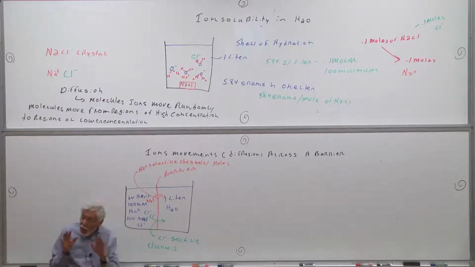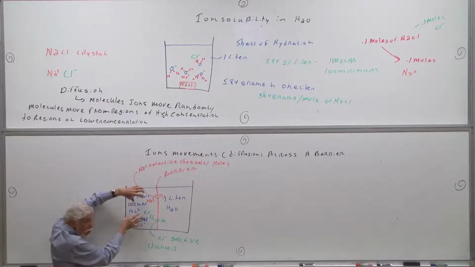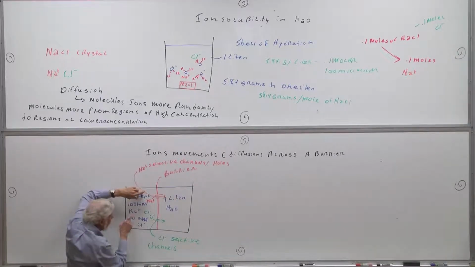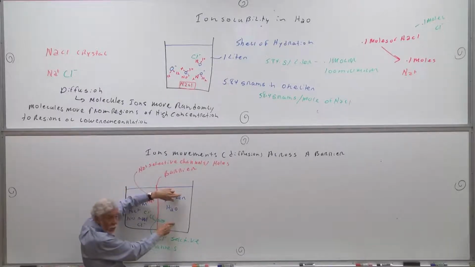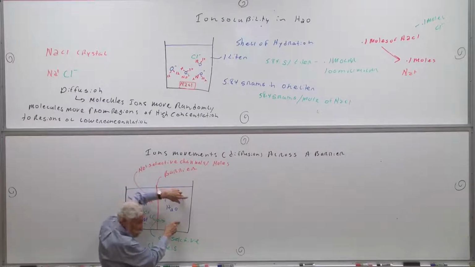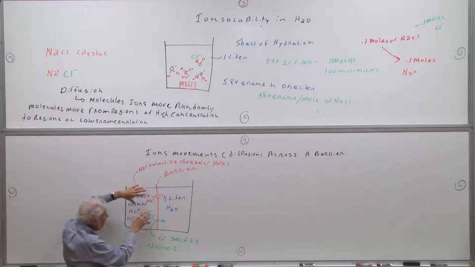Now recognize at the initial stages of this, where we have only sodium chloride on the left-hand side and none on the right-hand side, that the probabilities are absolutely such that sodium and chloride move from the left chamber to the right chamber, moving from regions of higher concentration to regions of lower concentration, simply through the random walk, the Brownian motion of those ions.